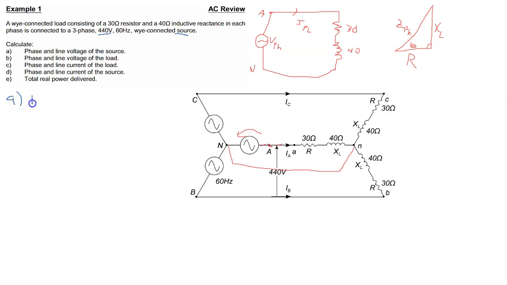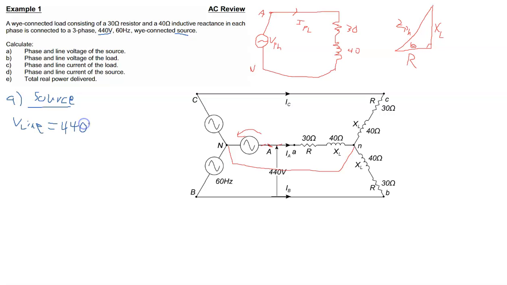again, we have to assume that in the source, the voltage that we're given is V line, and so that is equal to 440 volts.